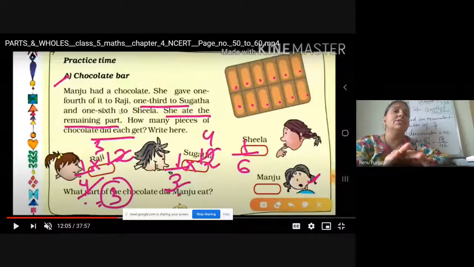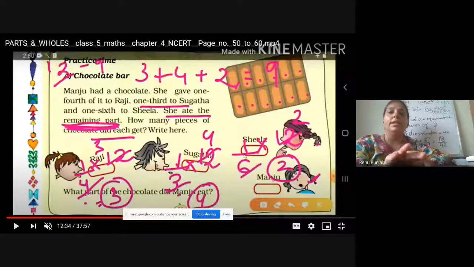And 1/6 to Sheila. Again 1/6 of 12. Now 12 divided by 6 is 2, and 2 multiplied by 1 is 2. So she gave 2 parts to Sheila. Now she ate the remaining parts.